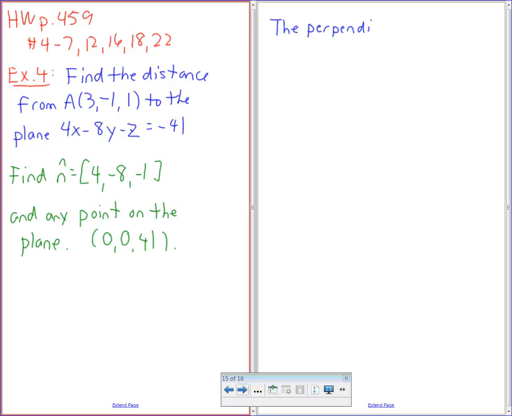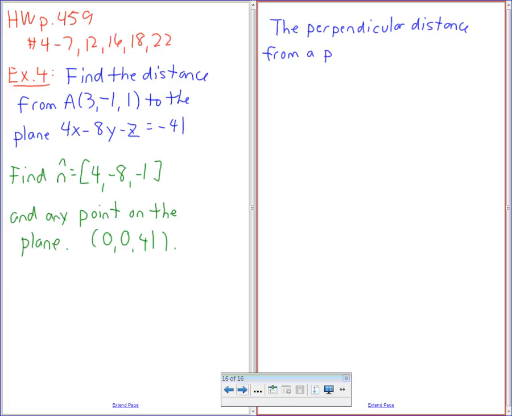Is that good? Better? We're going to say the perpendicular distance from a point is the shortest distance.